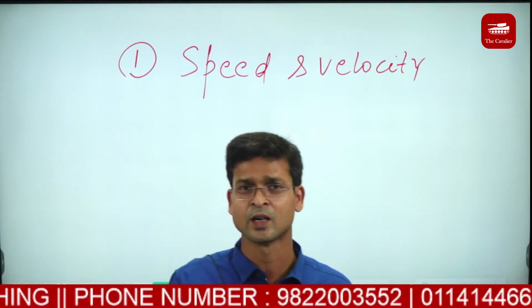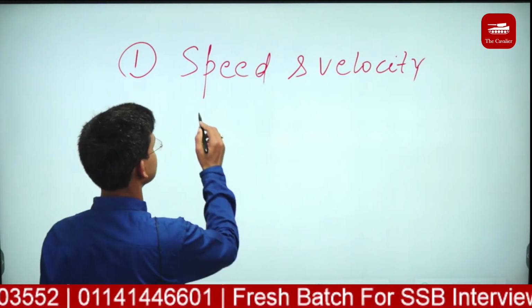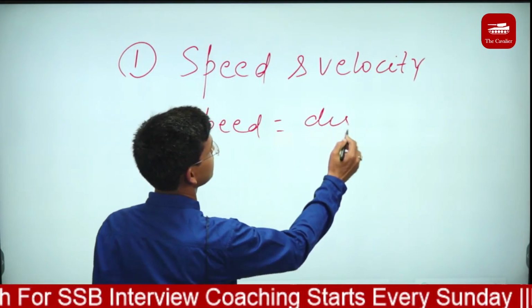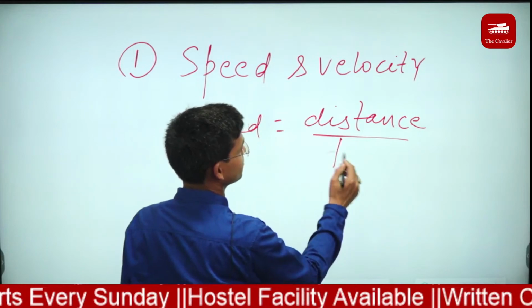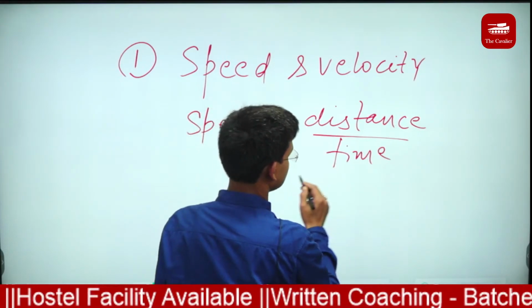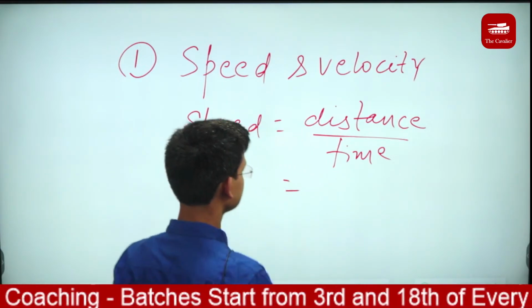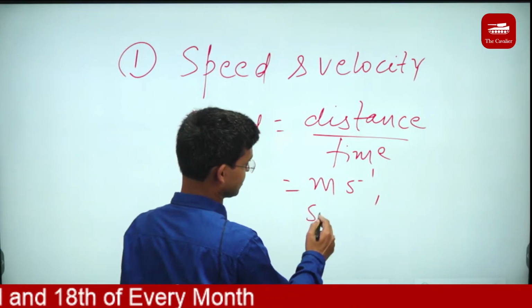Basically speed is the ratio of the distance and time. Distance upon time. Its unit is meter per second and it is a scalar quantity.